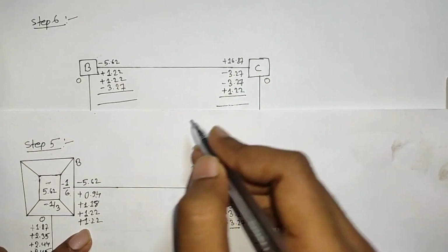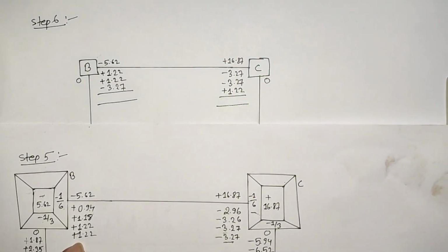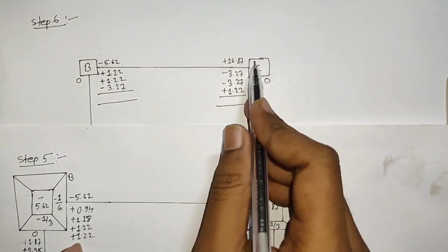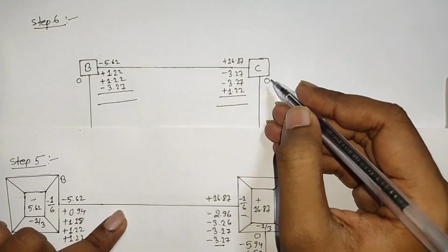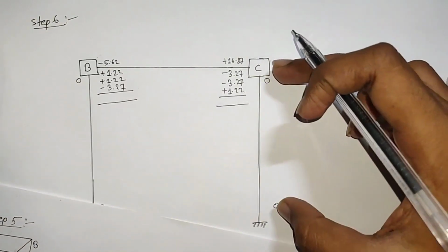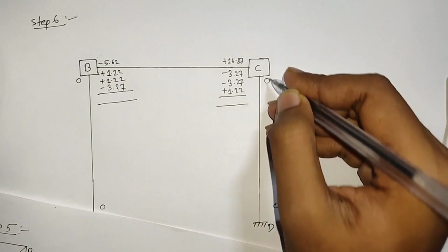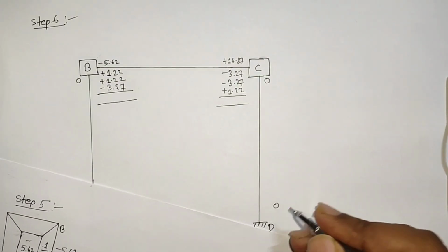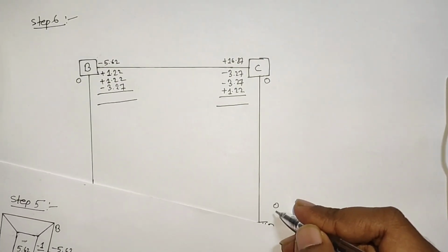Add these four items, and we will get the final value of the moment at C for span BC.